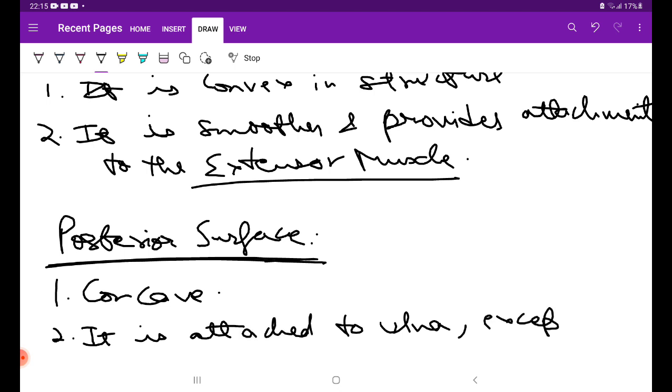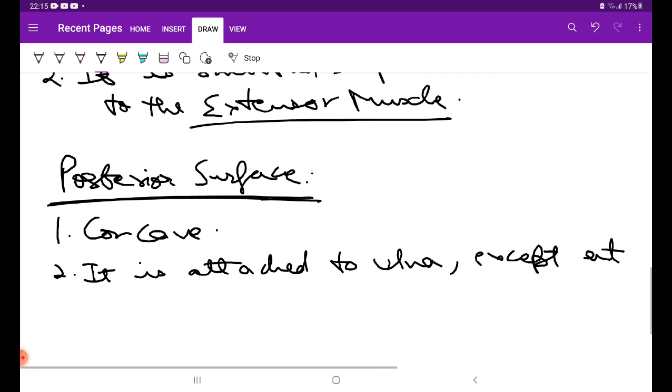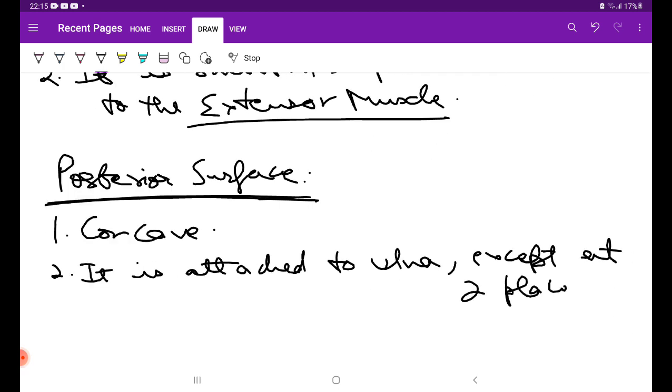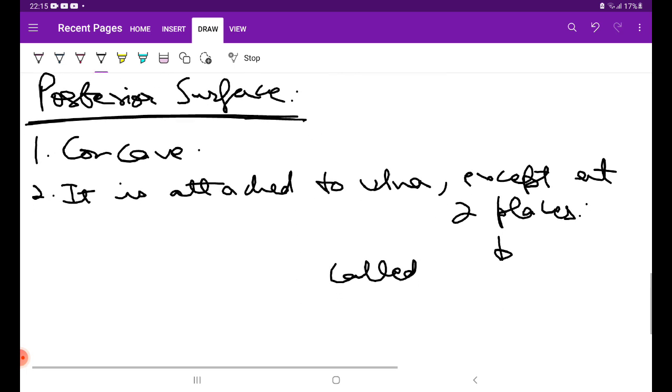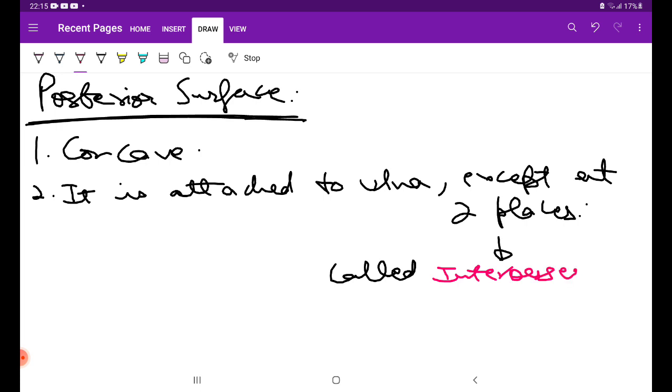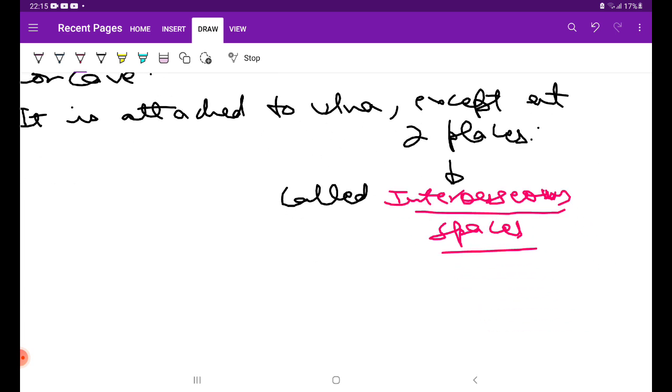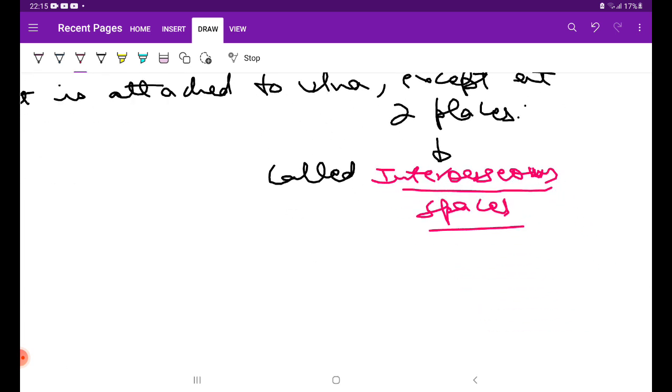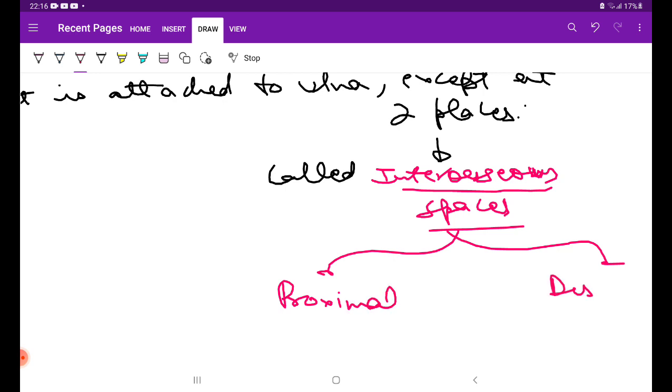Except at two places. These places are called interosseous spaces. They are of two types: first is proximal, second is distal.